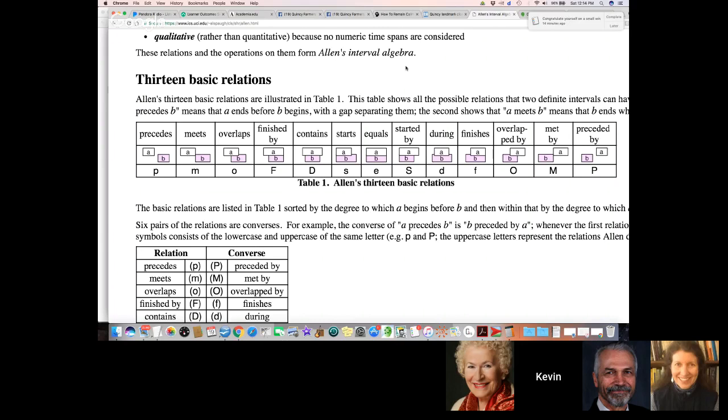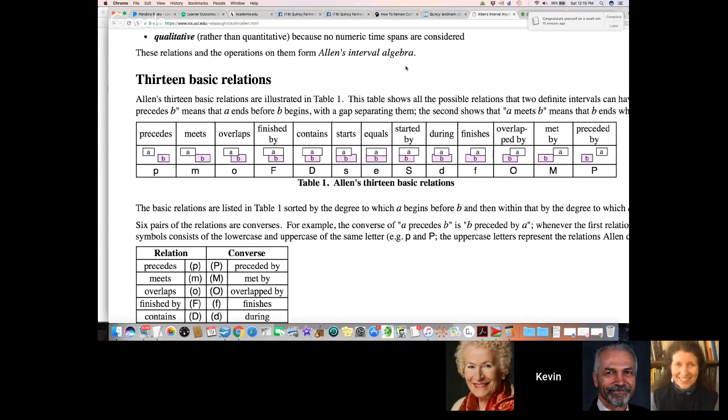So this simplifies what relationships you're interested in. You're interested in just the relationships of the two end events of A and B, not the whole interval.